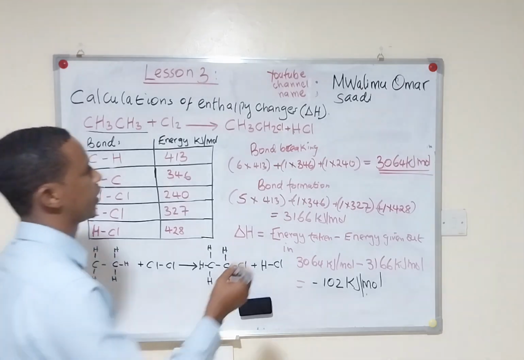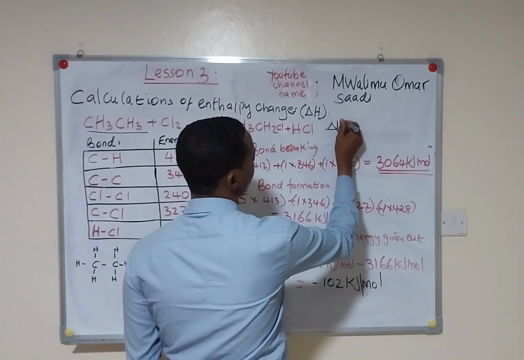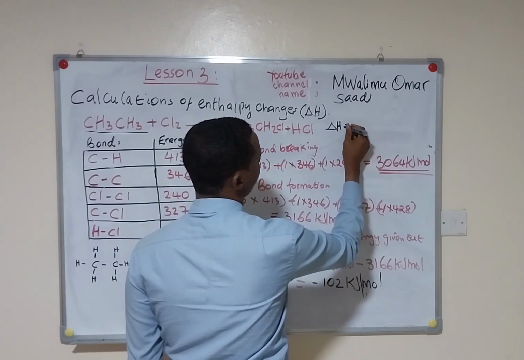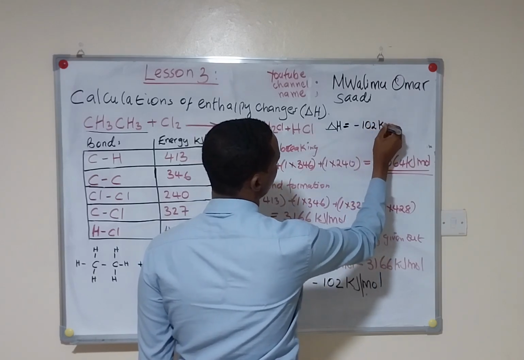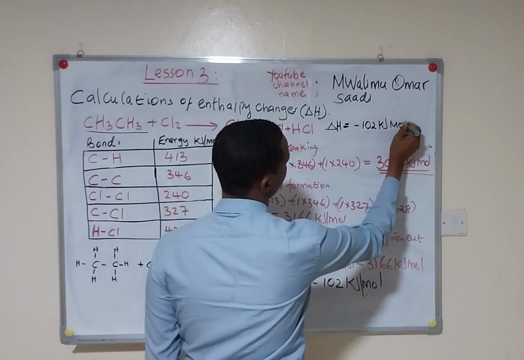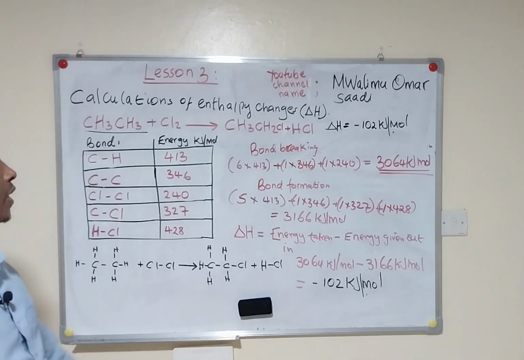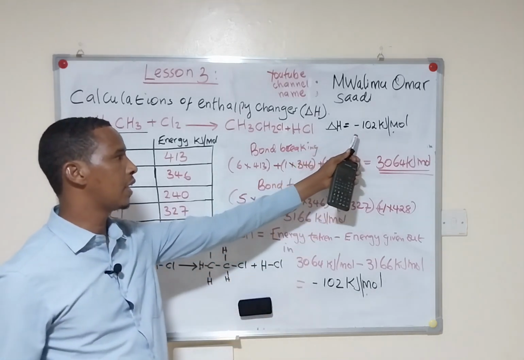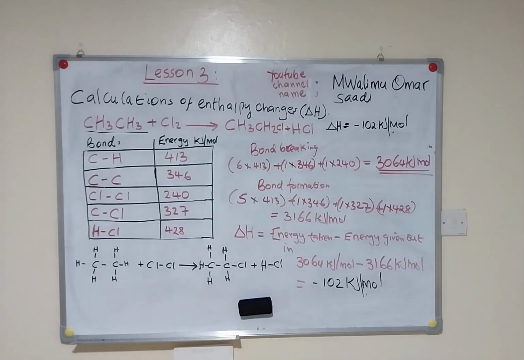So delta H is equal to negative 102 kilojoules per mole. Delta H is always written after the equation, and the sign is shown like that. So that is how to calculate enthalpy change.